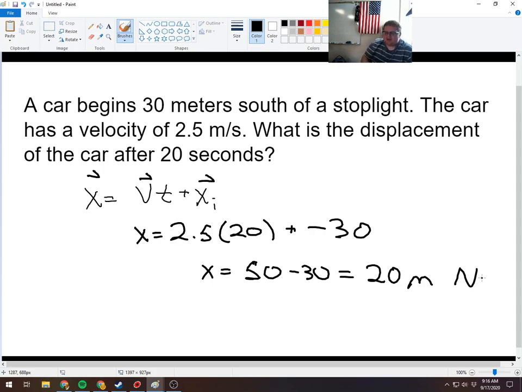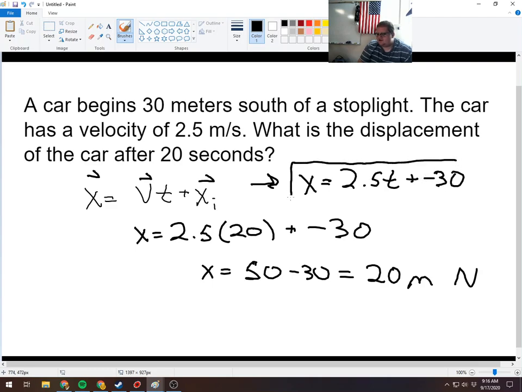And that's kind of what is powerful. I could say this is the displacement for this car at some unknown time: 2.5 times the time in seconds, of course, plus the initial displacement, which in this case is negative 30. So this linear equation is a line.